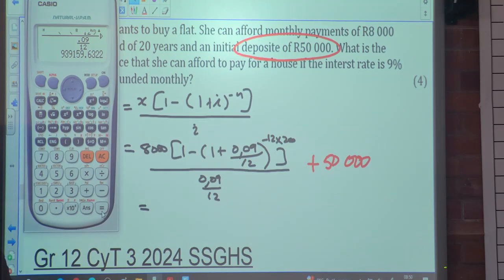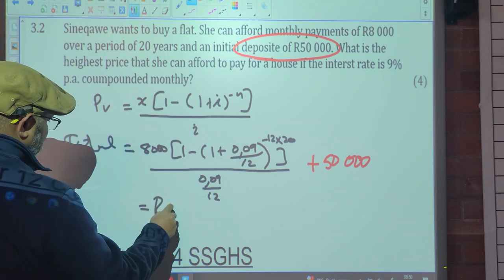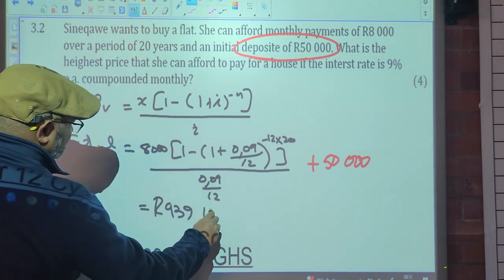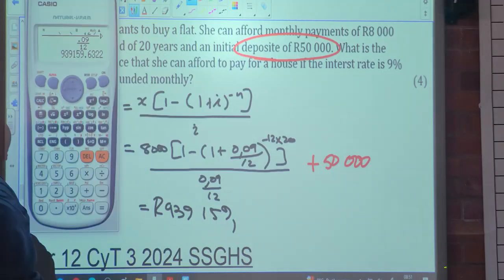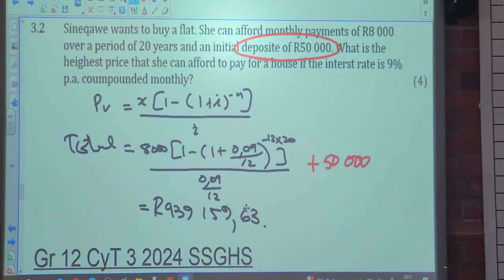Is that correct? Yes. 939,159.60. About 60,000 shy of 1 million, no? She can afford.